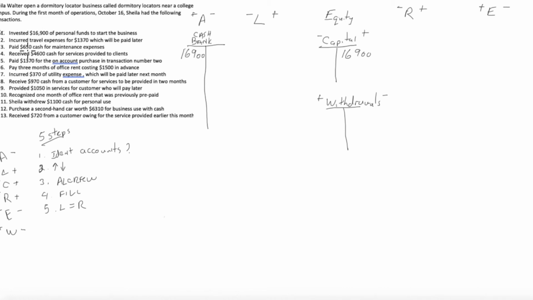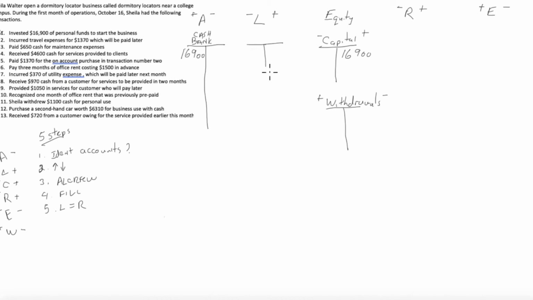Incurred, what's another word for incurred? Used, right? So used travel expenses for $13,070, which will be paid later. All right. So if something's going to be paid later, is that a good thing or a bad thing? Well, if we have to pay something, it's probably a bad thing, right? So it's a liability, and it falls under the first one.